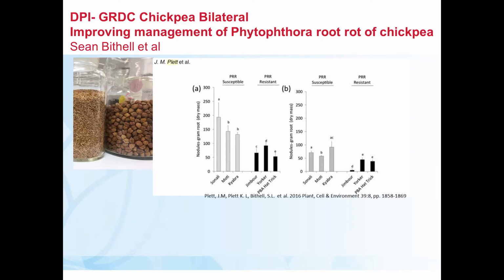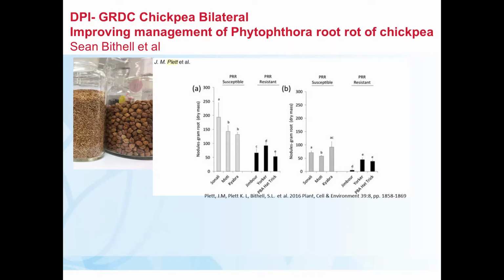He showed that the molecular dialogue that I was talking about at the beginning of this talk between the pathogen and the plant is similar to that between rhizobia and the plant. So Phytophthora-susceptible chickpea lines produced better nodules than Phytophthora-resistant lines because the ability to talk to that rhizobia had sort of been selected away from.